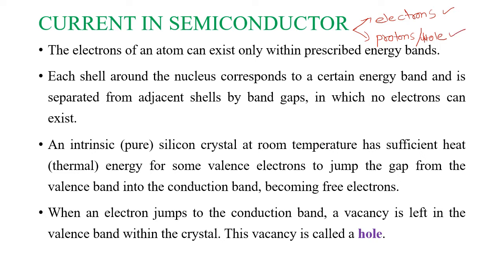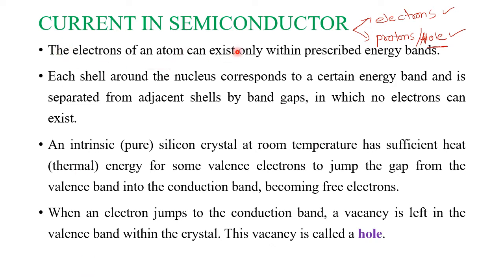All right, but in conductors the current is only due to the flow of electrons, and there is no hole movement, but in a semiconductor the holes also play a role in current, right?